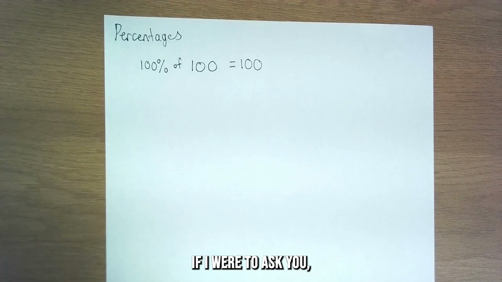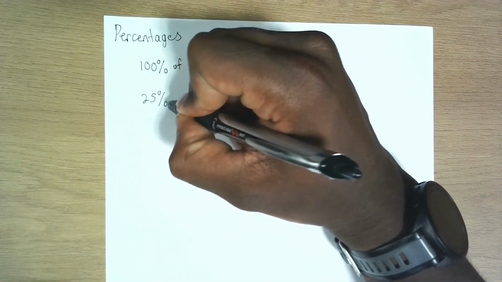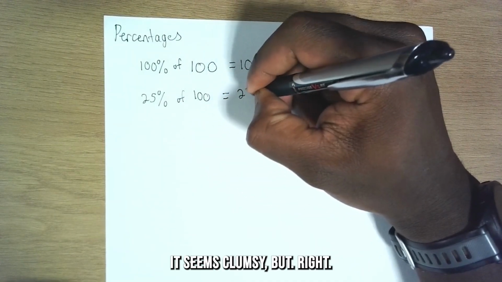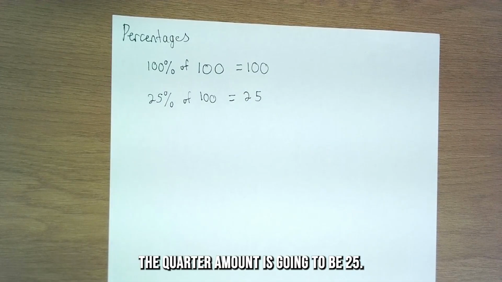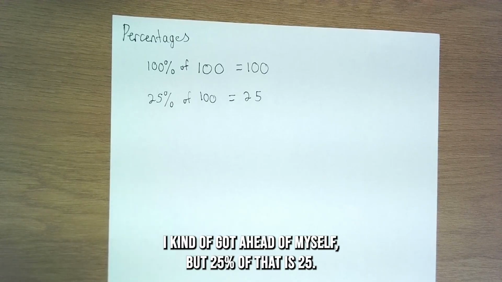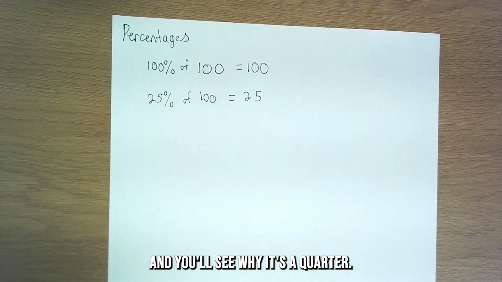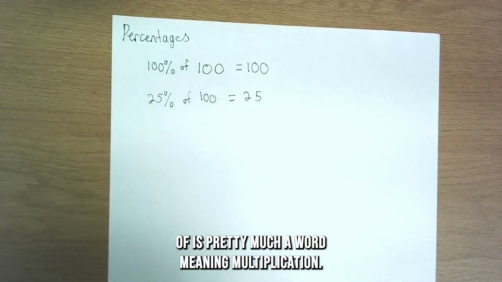Well, if I were to ask you, what is 25% of 100? Like I said, starting real basic, it seems clumsy, but that'd be 25, because out of the 100, the quarter amount is going to be 25. And you'll see why it's a quarter. If you look at this, of is pretty much a word meaning multiplication.